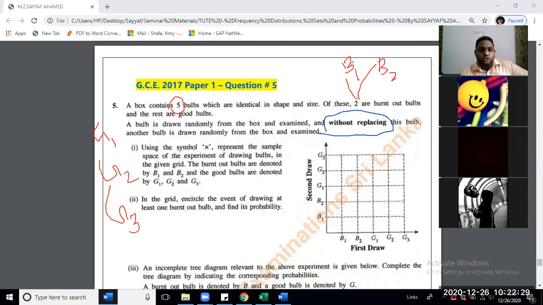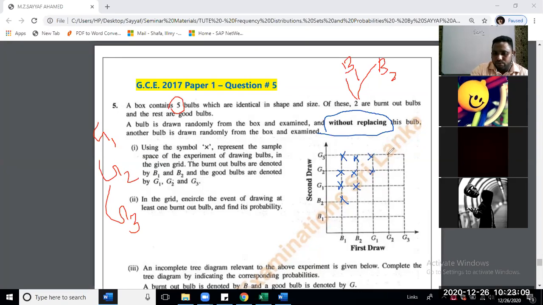Another bulb is drawn randomly from the box and examined. Use the symbol X to represent the sample space of the experiment of drawing bulbs, the burnt out bulbs denoted by B1 and B2, and the good bulbs denoted as G1, G2, and G3. Since this is mutually exclusive, we should not mark these ones, so let's cross them: 1, 2, 3, 4.